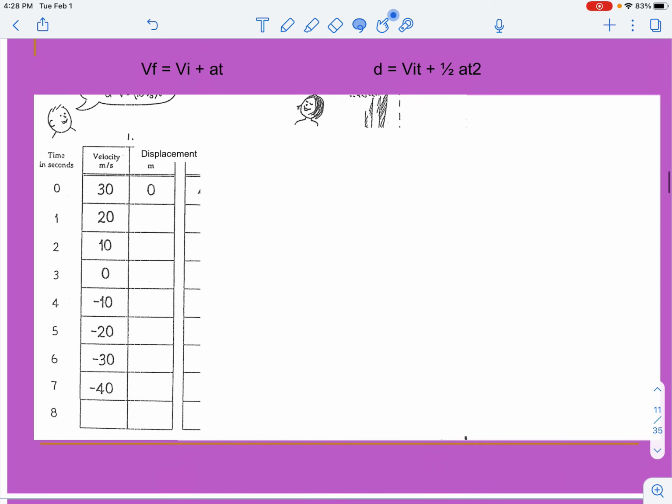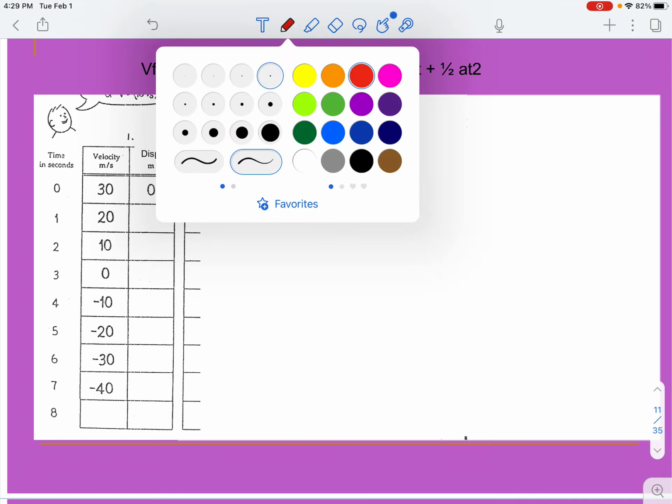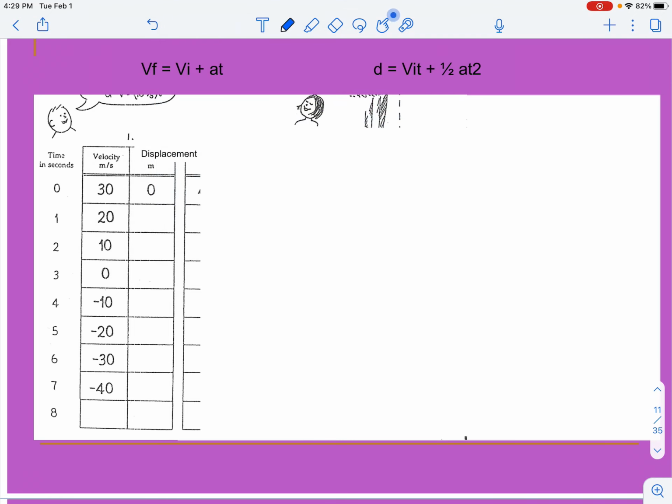All right, we're going to work through a couple of questions here. We have a chart. In your practice package, you will have the full sheet of paper where there's an illustration to go with it. But basically, I just want to make sure we understand how to use the formulas in order to calculate these values. So we are going to start off by calculating our displacement, okay?